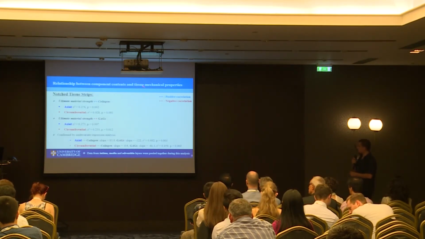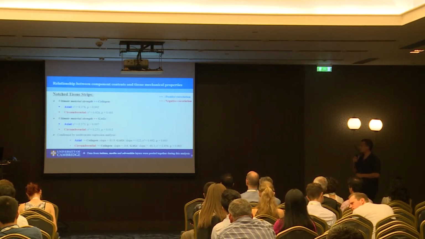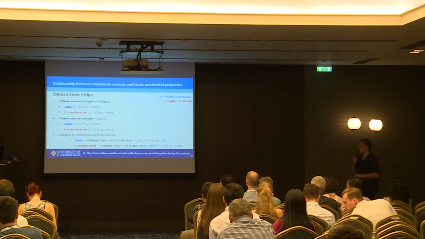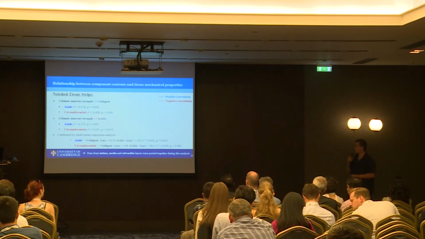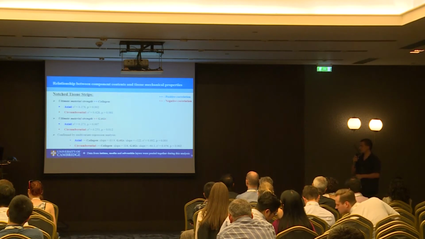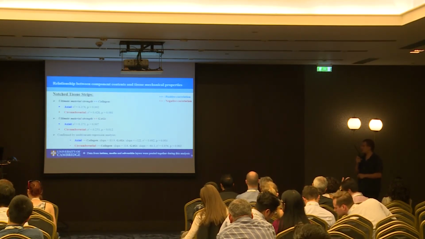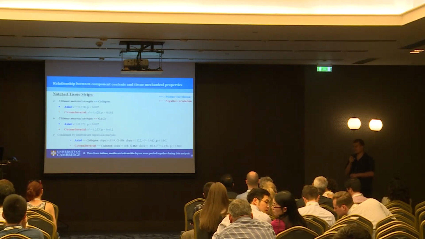In the case of notched tissue strips, we still found that the ultimate material strength positively correlated with collagen, which was not a surprise, and this was significant in axial and circumferential orientations. But again, surprisingly, for the first time we found that GAGs played an important role in arterial biomechanics, and they had a negative correlation, as we hypothesized, with the ultimate material strength.